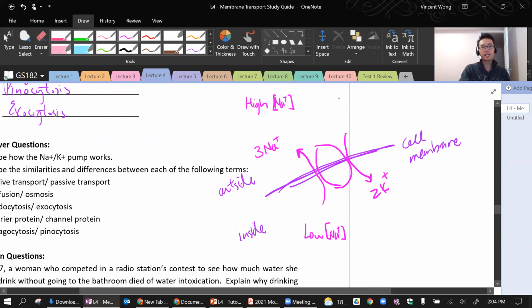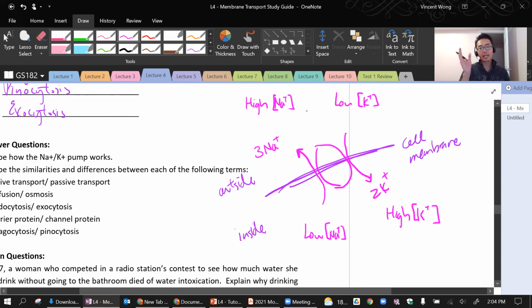Contrary, for potassium, because you keep on bringing them in, you would have low potassium on the outside and high potassium on the inside. So if you keep on doing this, you will notice sodium is being moved from an area of low concentration to an area of high concentration, against its concentration gradient. The same thing can be said for potassium, even though they're in opposite directions.